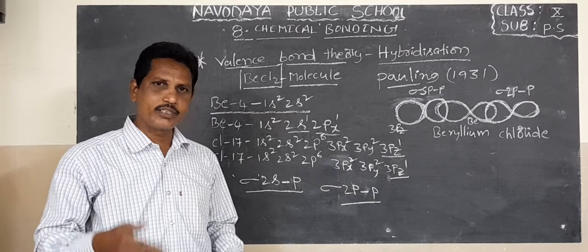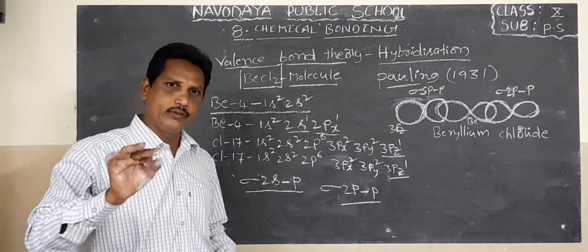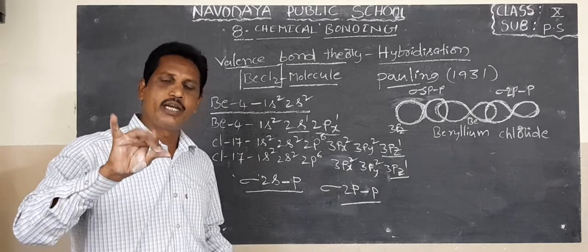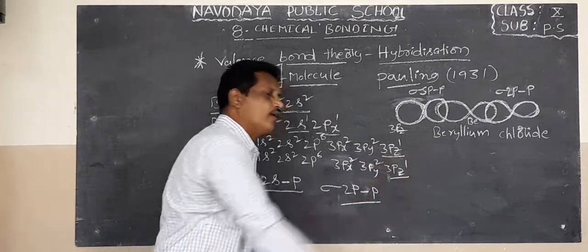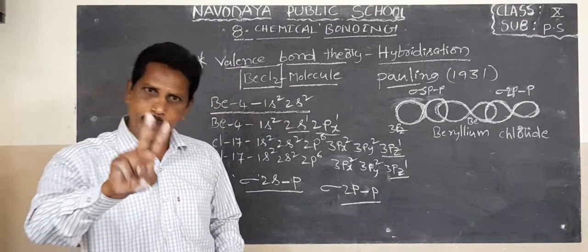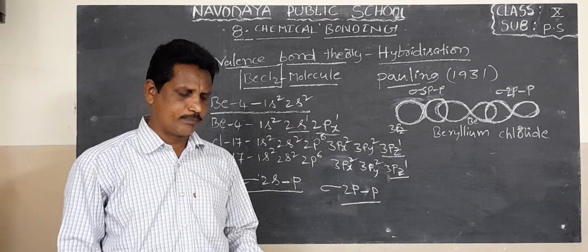The electronic configuration of chlorine is 1s2 2s2 2p6 3px2 3py2 3pz1. Each chlorine atom has one unpaired electron in its 3pz orbital.